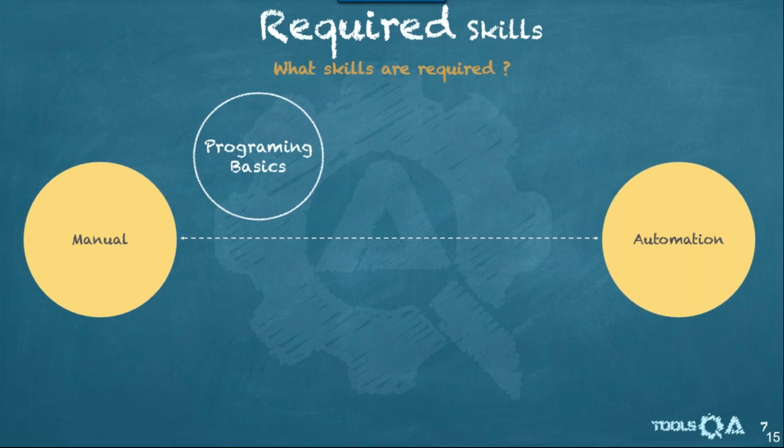The second question that you obviously would have is, then why do most manual testers remain manual testers? So the reason is that there is a mind block at times. People think that automation is hard, and at the same time they think that learning automation is a very painful task.